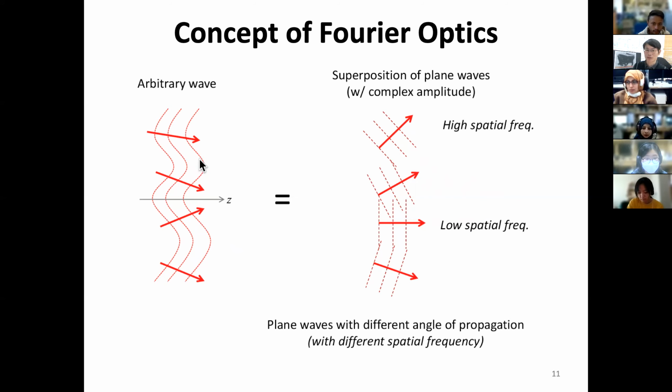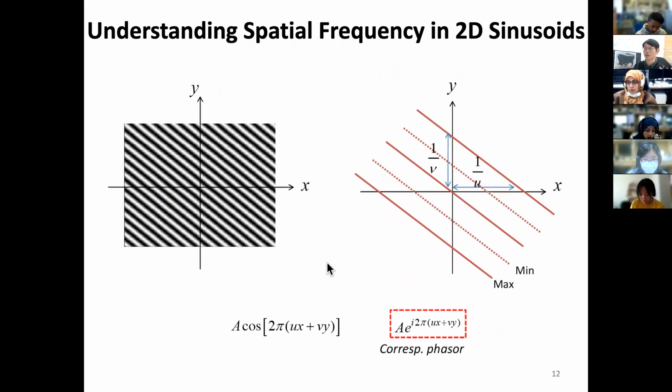An arbitrary wave, you can consider as a superposition of plane waves with complex amplitudes. Either it has a high angle, meaning high spatial frequency, or a shallow angle, lower spatial frequency. So we can consider this kind of generalized arbitrary wave as plane waves with different angles of propagation or different spatial frequencies. That's how we can understand Fourier optics.